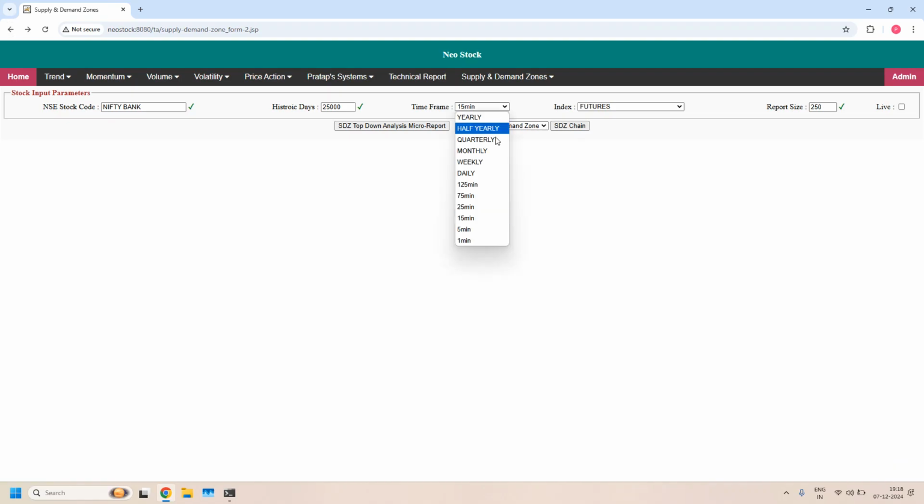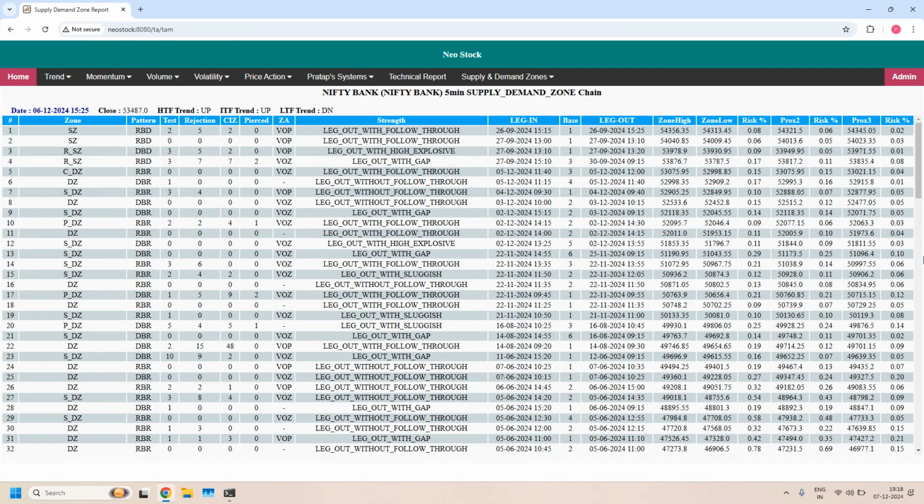Next, 5 minute supply demand zone chain for Bank Nifty. So this is about the Bank Nifty supply demand zone chain. So this is about Nifty and Bank Nifty.